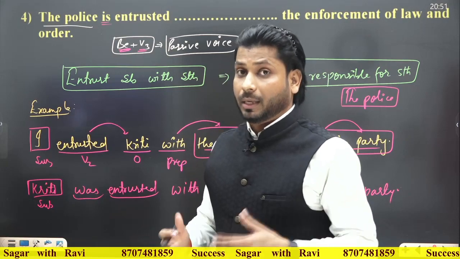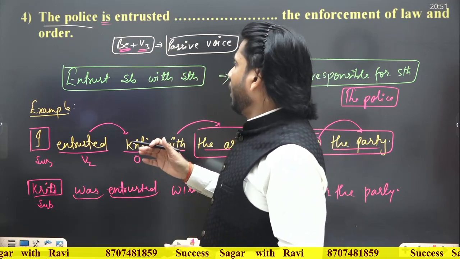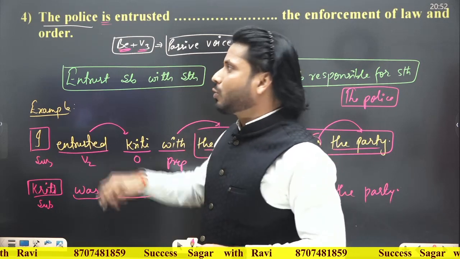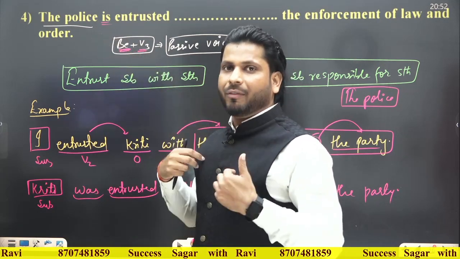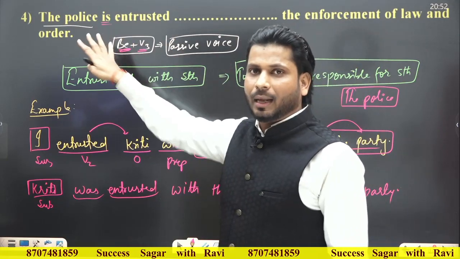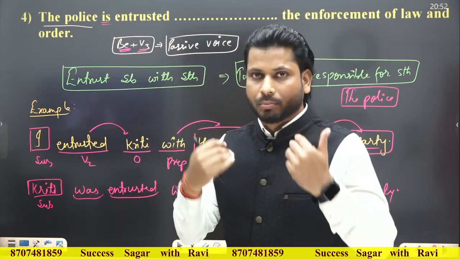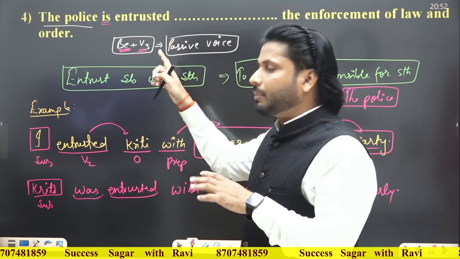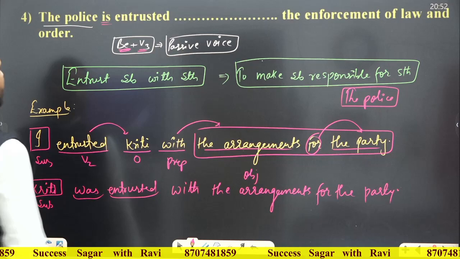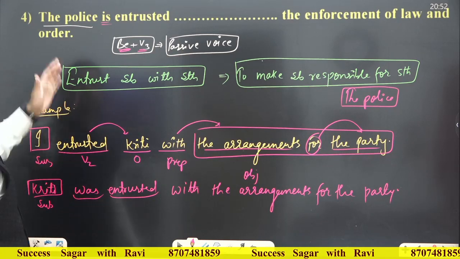We don't need to focus on that because the examiner is not asking us to correct that part. We have a choice, and the choice is here to fill the blank, so we are not going to talk about that. I just thought of it to make it clear that some correction is required. In my opinion, it should be the policeman, or you can also use the police are.